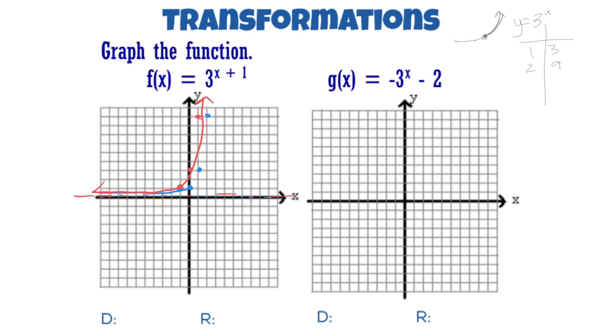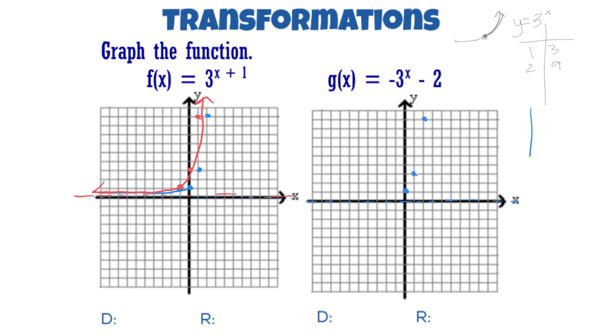All right, our next example, a lot trickier, a lot more going on here. Well, I say a lot, maybe not a lot. This right here is going to be a vertical reflection. And then this is going to be minus 2. That's out at the end. It's going to take it down 2. So I'm going to go ahead and throw in the parent graph, which would look like this with a key point right here. And since it's a 3, I've got a 1, 3 and a 2, 9.